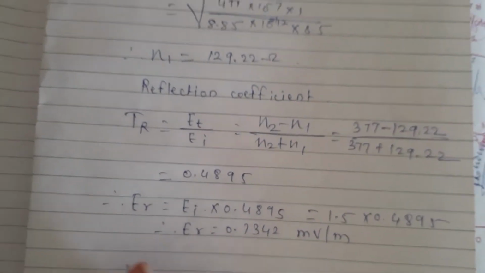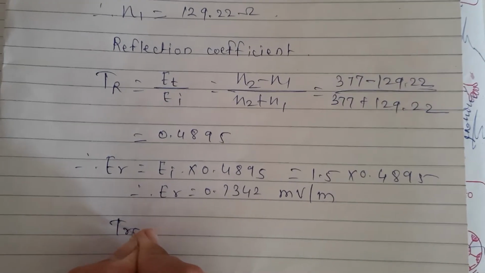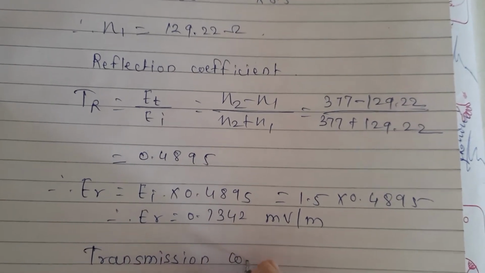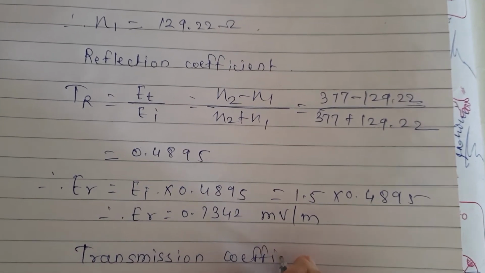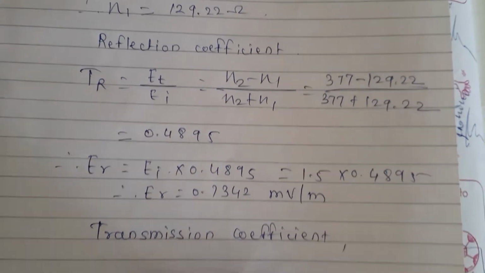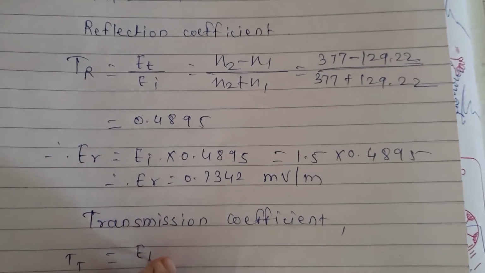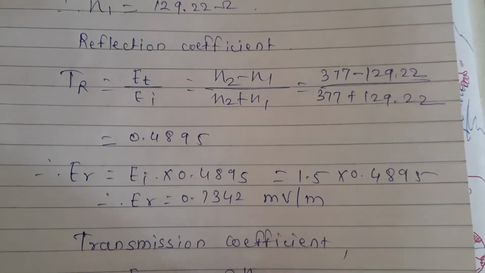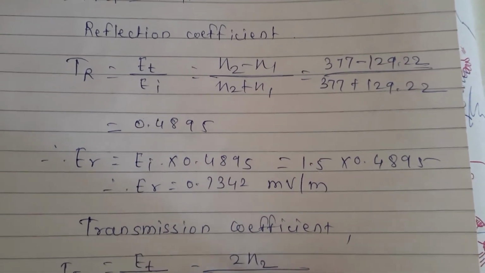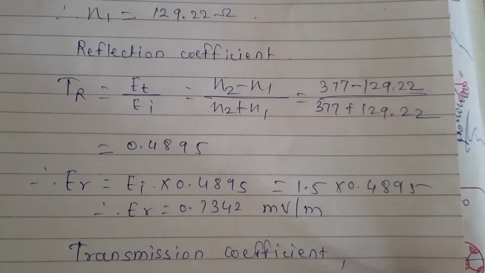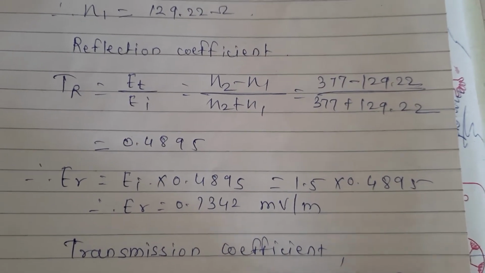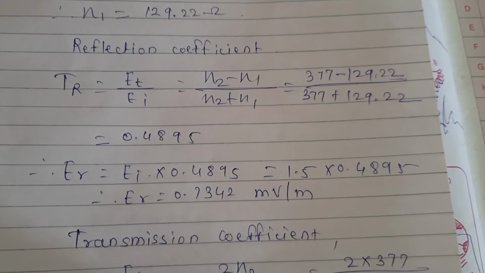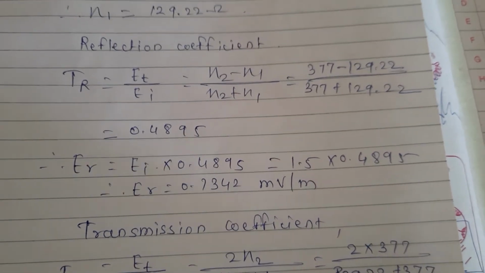This is the reflection coefficient. Next is transmission coefficient. T is equal to ET by EI. So it is 2 into 377 divided by 129.22 plus 377, so its value is 1.4895.